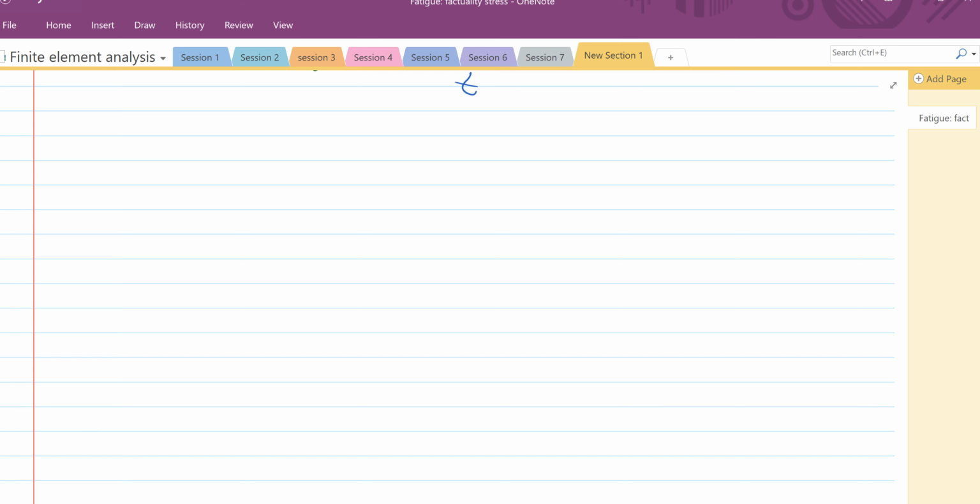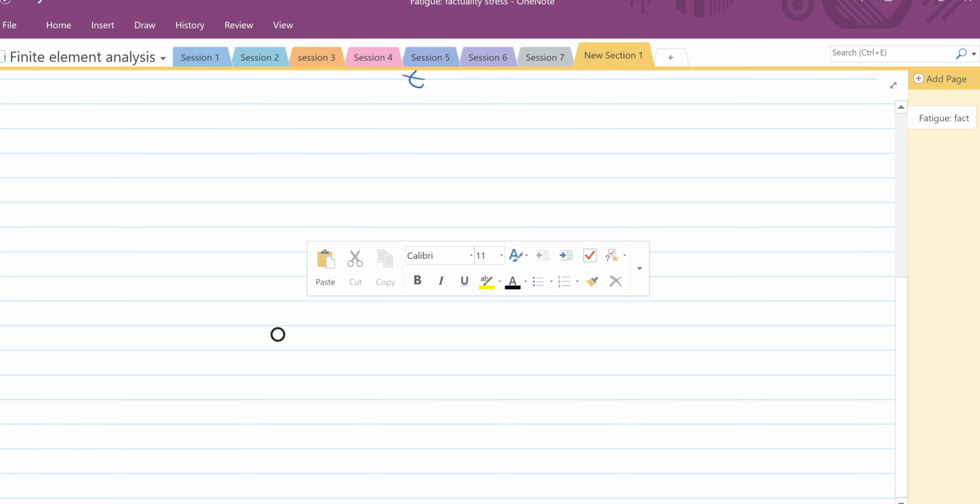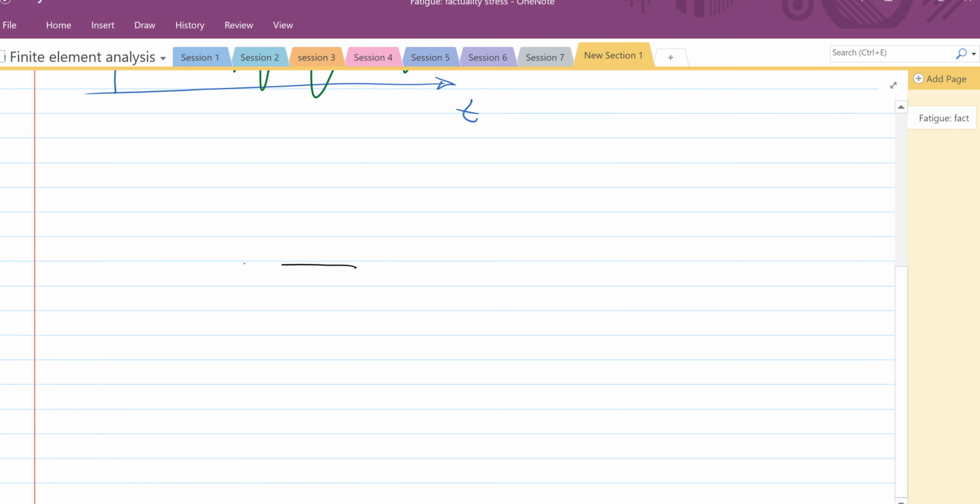This is my time axis and this one is my stress. Sometimes we show it as sigma or S. And my fluctuating force is going to be like this.